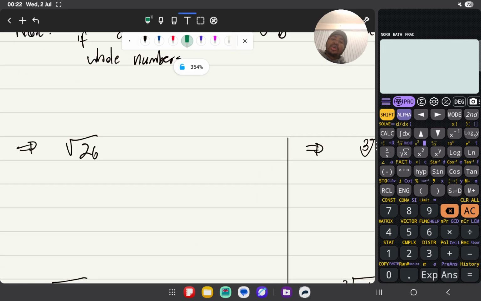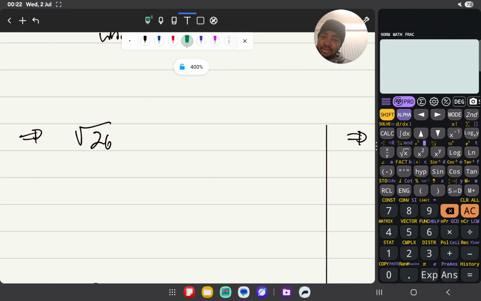All right, so cool. We have a number here, 26. Let us think of a square root of something that is closer to 26.